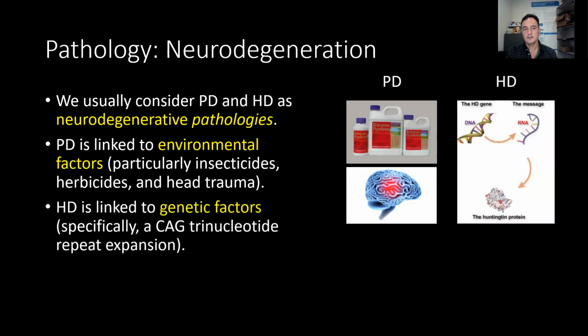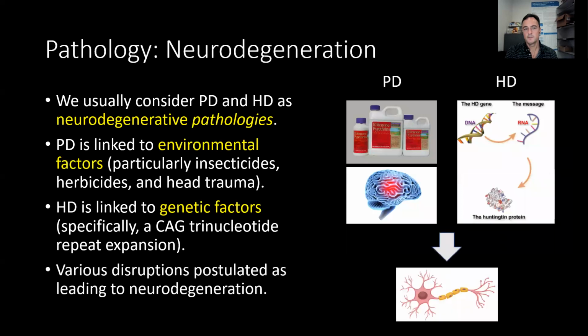Huntington's is very strongly linked, as we all know, to genetic factors, particularly a CAG trinucleotide repeat expansion, which codes for the abnormal Huntington protein, and that protein is involved in an array of transcriptional, translational, metabolic, mitochondrial processes. So it's not really sure how these things ultimately lead to neurodegeneration, but various disruptive mechanisms have been postulated. But basically, the neurodegeneration itself is seen as the pathology and the thing we have to treat.